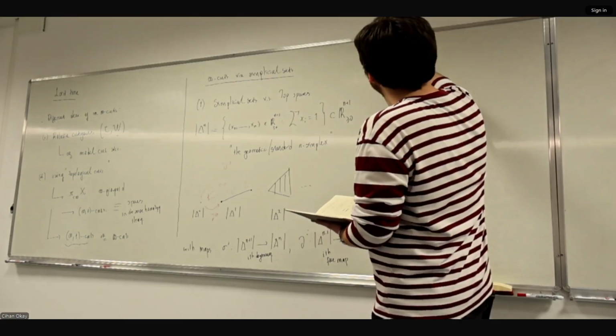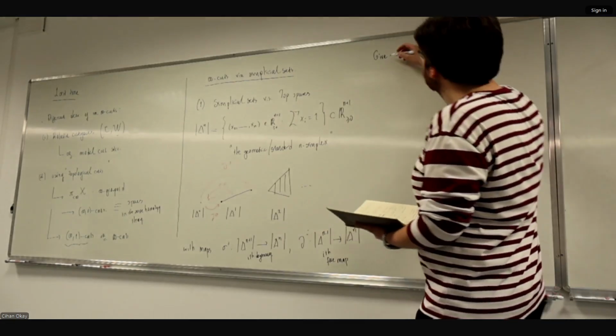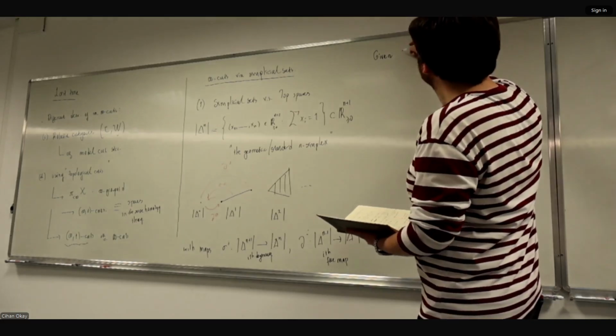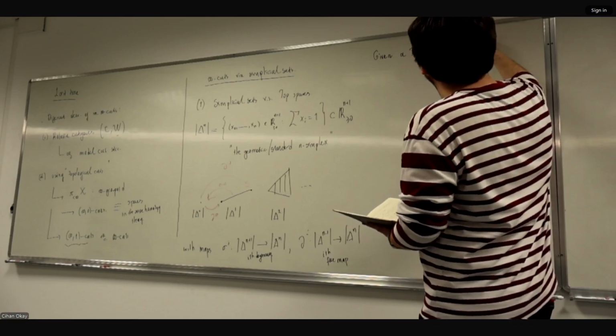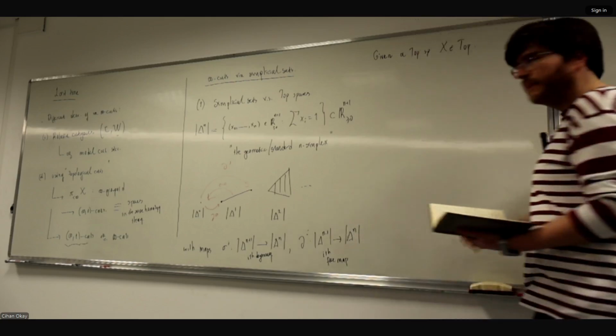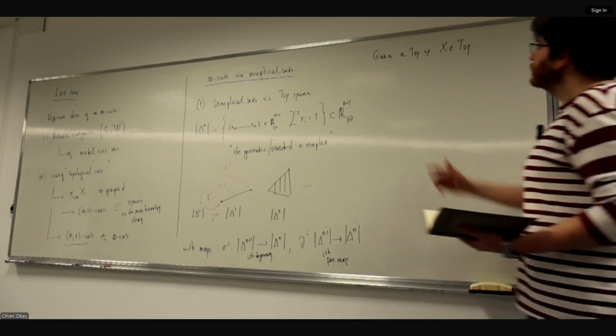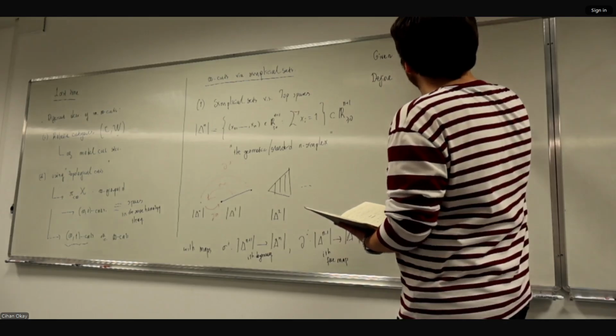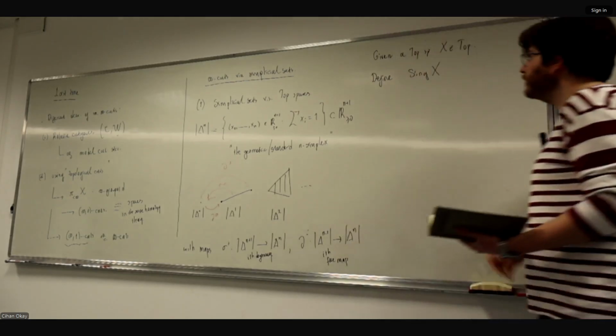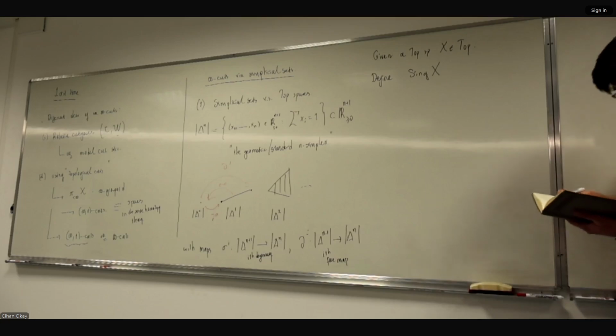And now let us take a topological space. So given a topological space X, now you can define a simplicial set. So we are going to define this particular simplicial set.